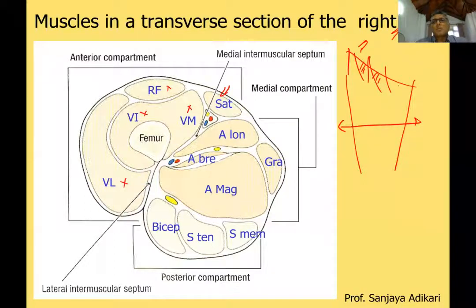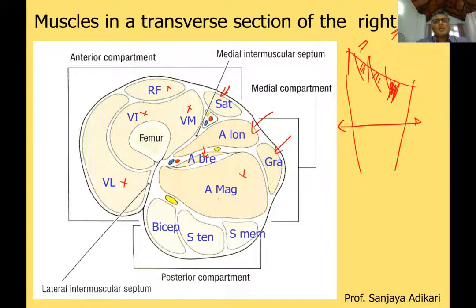Then there is another small muscle here, the pectineus muscle. You can include it as an anterior compartment muscle. There are confusions, I'll get back to it later. Then the adductor compartment: you have the gracilis muscle, then the adductor longus, brevis, and adductor magnus muscles.